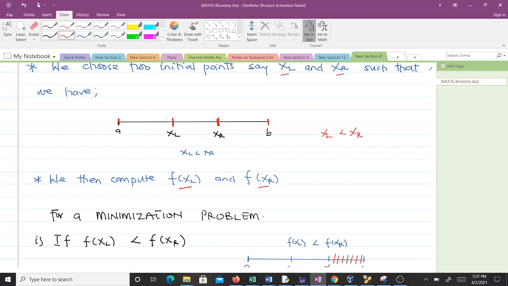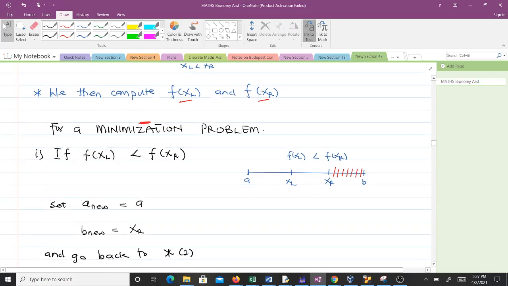For a minimization problem, let's see if we are minimizing. If our f of xl that we computed is less than our f of xr, then what it means is that at that point this is the minimum. So we are going to have something like this, which means you are going to discard this part.